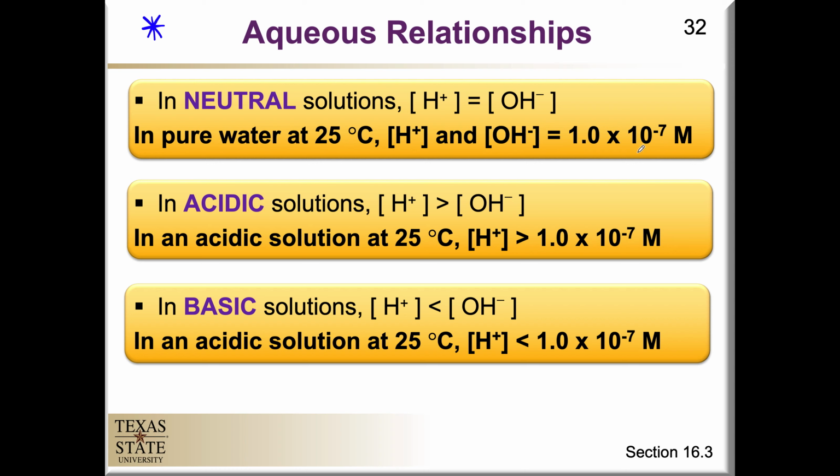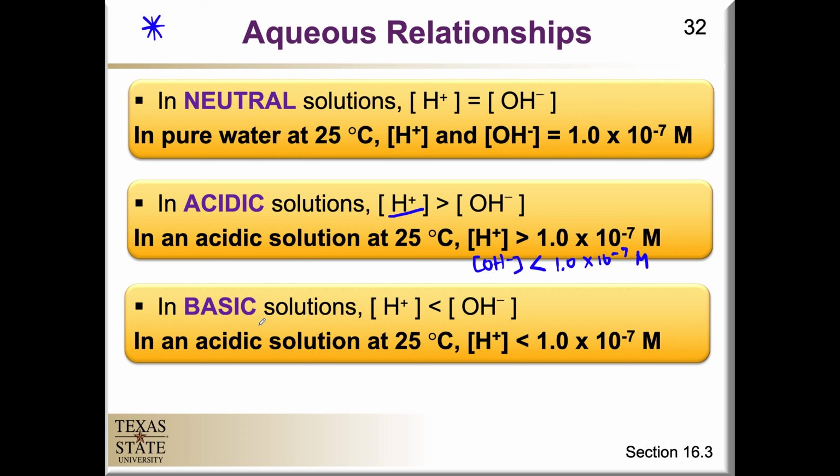This is only at this temperature. In an acidic solution, we know that by definition, the hydrogen ion concentration is greater, which means that it is going to be greater than 1 times 10 to the minus 7. That means also that the hydroxide ion concentration must therefore be less than 1.0 times 10 to the minus 7 molar.